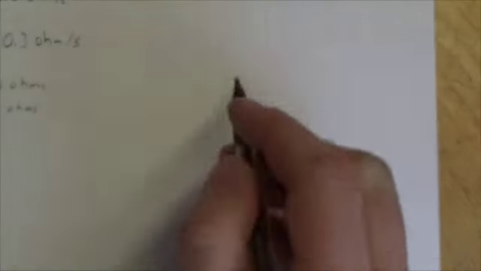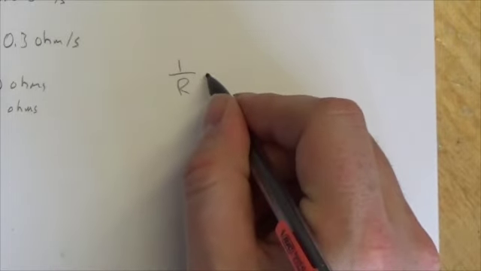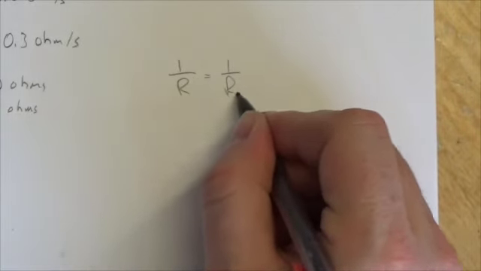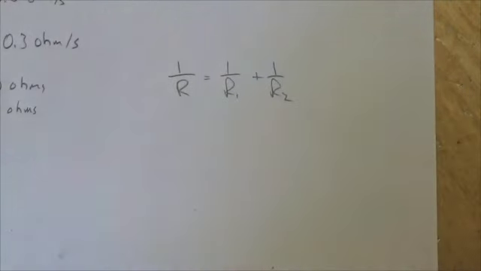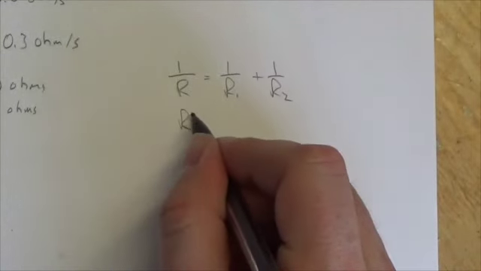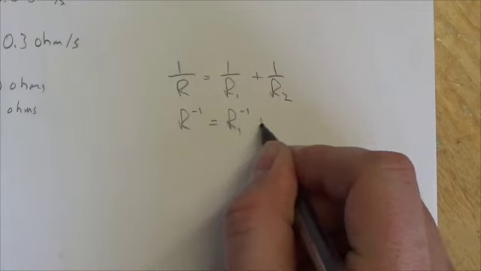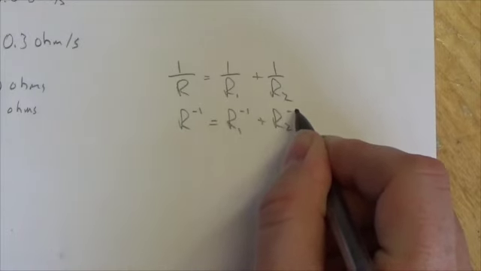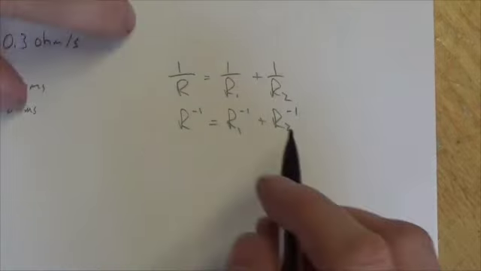We're going to start with our equation. So 1 over R is going to equal 1 over R1 plus 1 over R2. It would make more sense for us to write these with negative exponents. That's going to make this a little bit easier to work with, if we don't deal with it in terms of those reciprocals.